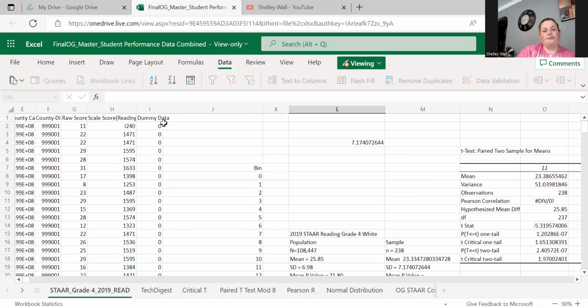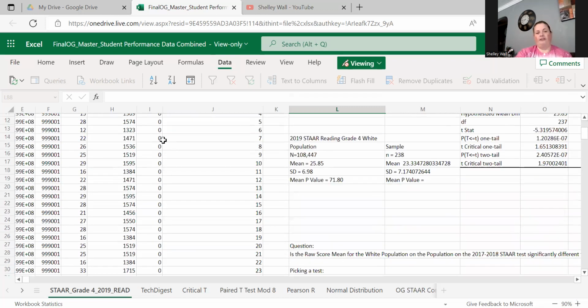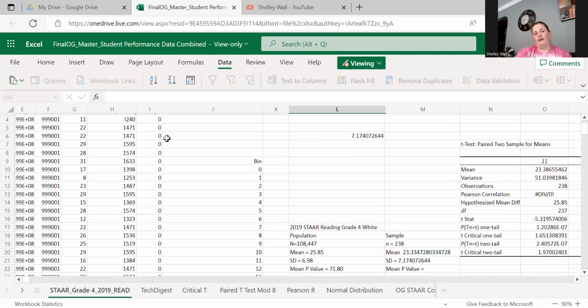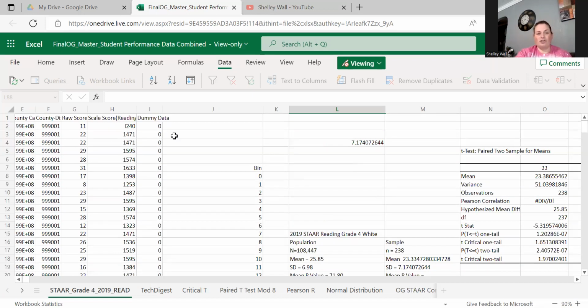Creating dummy data. All of the research books and videos I've watched, and everything I've learned, says you normally only have to put in one set of data points. But when I tried to run my data test, it was telling me it couldn't make the connection between input and output, and that my samples didn't match up. So I went through all 238 samples and added a dummy data point to match.